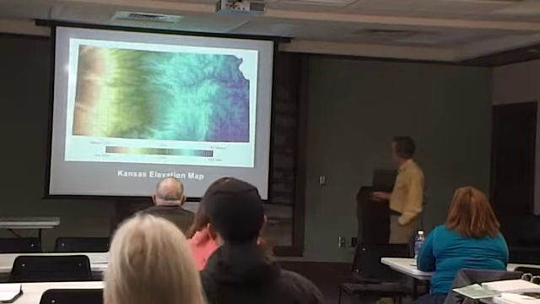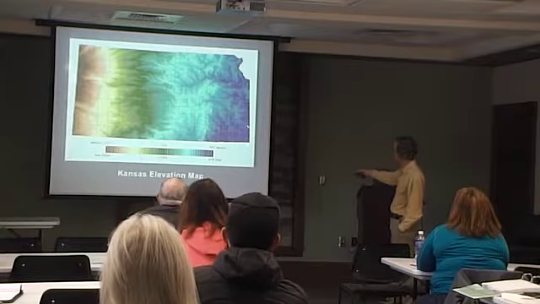So first off, I'm sure you're aware of this. This is an elevation map. Okay? So just as Kansas precipitation and climate and vegetation changes east to west, so does topography. So there's quite a difference in topography down here.